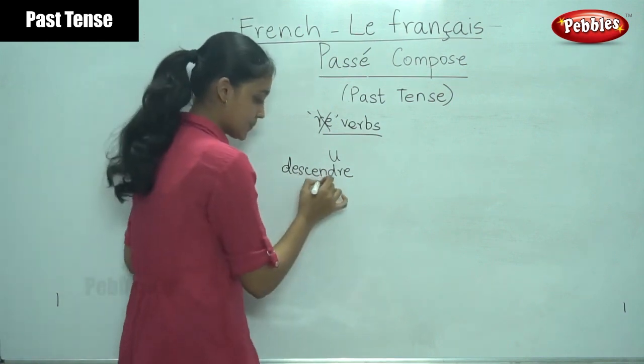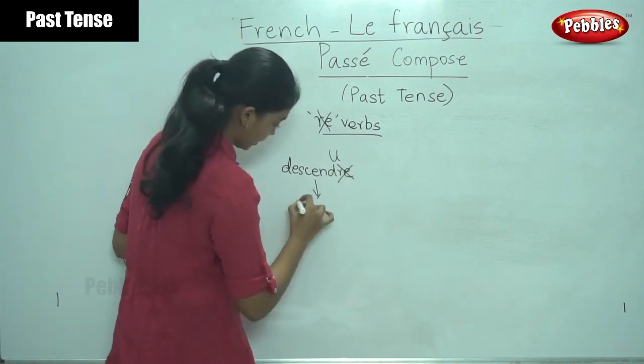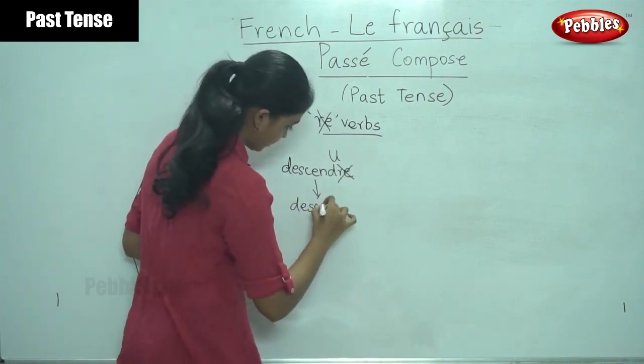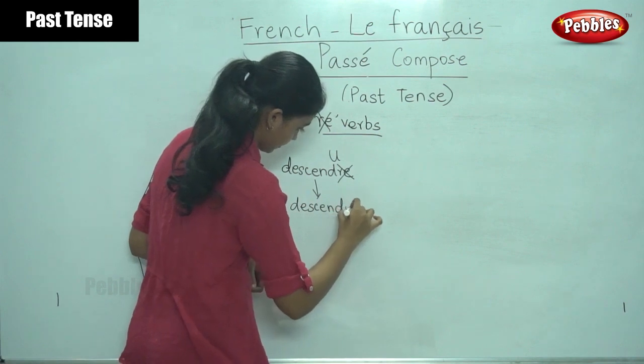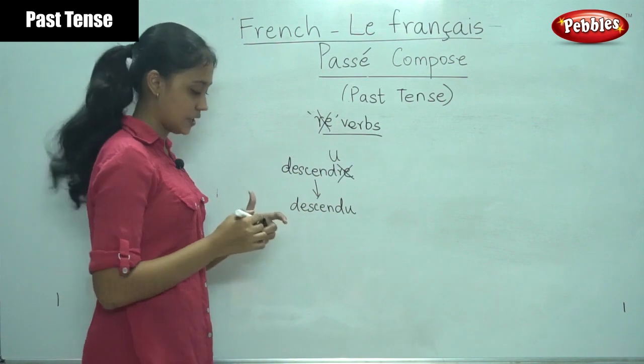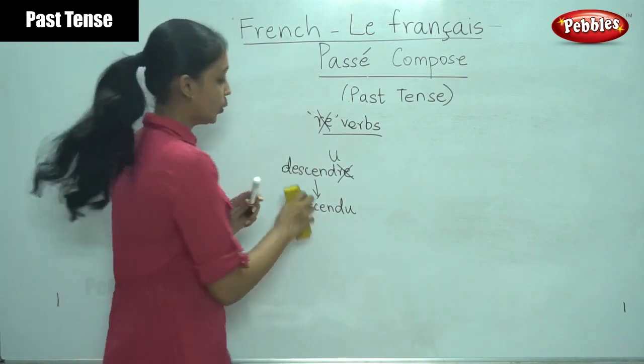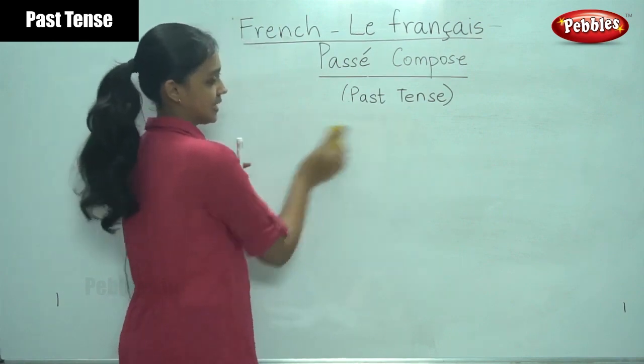So the past participle for descendre, we would remove RE and replace it with U. So have you understood the use of the past participle? Now this is how we write the past participle. So we have learnt one component of the passé composé.